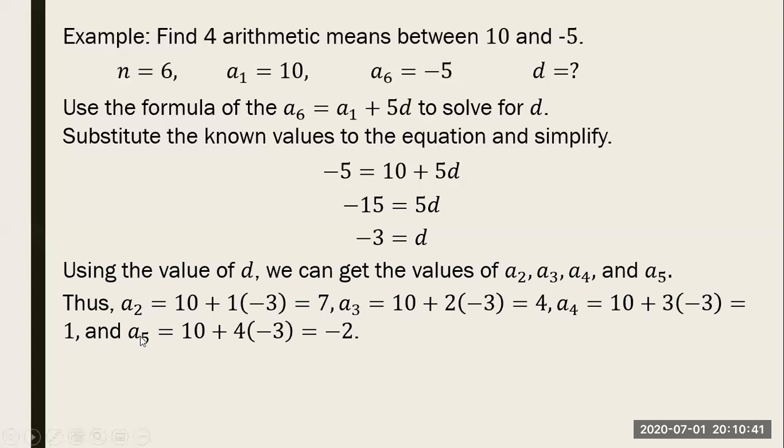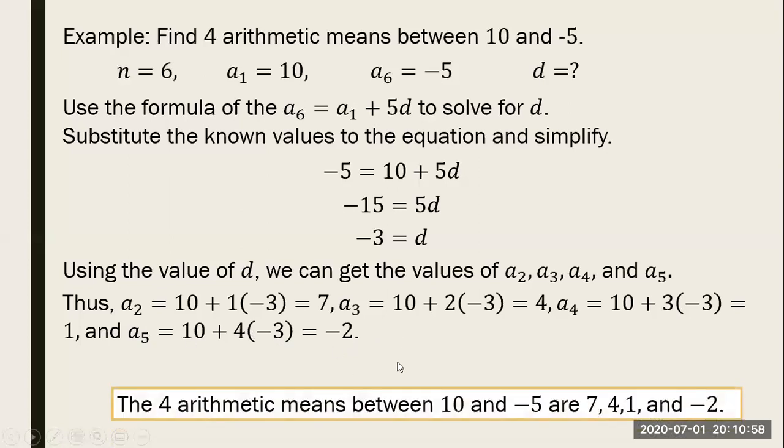Sa fifth term natin, the first term, minus 1 palagi dito, 4 times negative 3, the common difference, is equal to negative 2. 10 minus 12 is negative 2. Okay, so the four arithmetic means between 10 and negative 5 are 7, 4, 1, and negative 2.